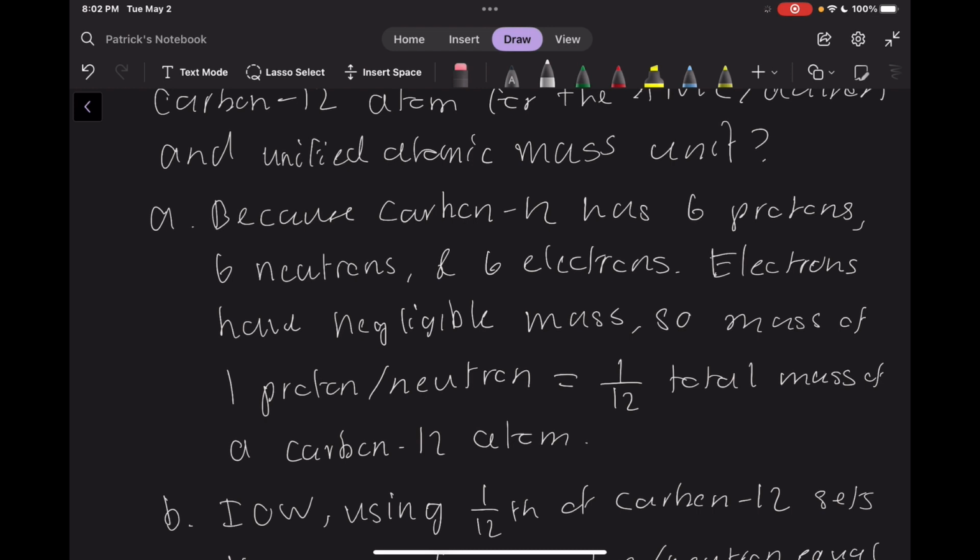Again, there are 6 neutrons and 6 protons in a carbon-12 atom, which means that 1 neutron or 1 proton has a mass of 1/12 the mass of a carbon-12 atom. 1/12 the mass of a carbon-12 atom is equal to 1 dalton. So the mass of 1 proton or neutron must be equal to 1 dalton.